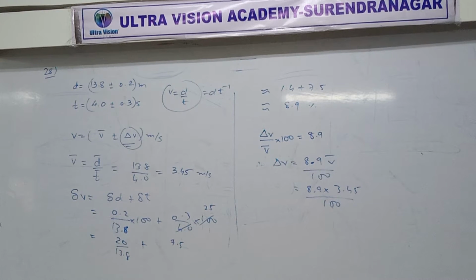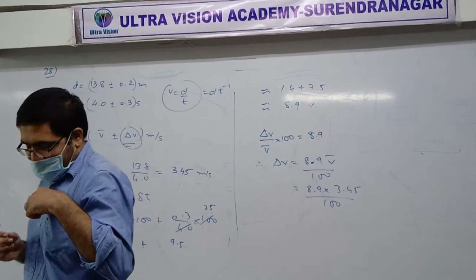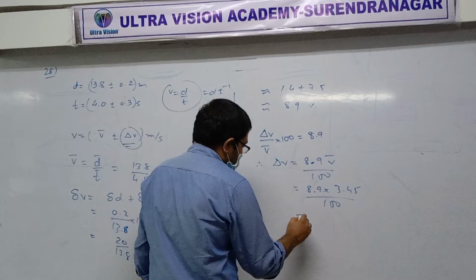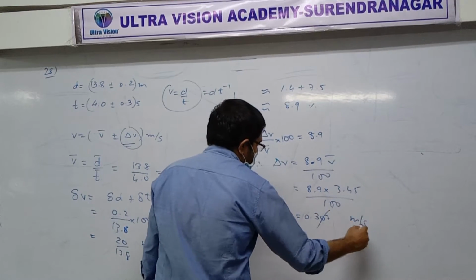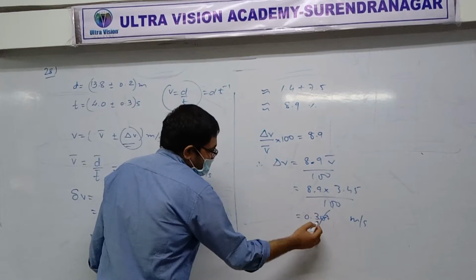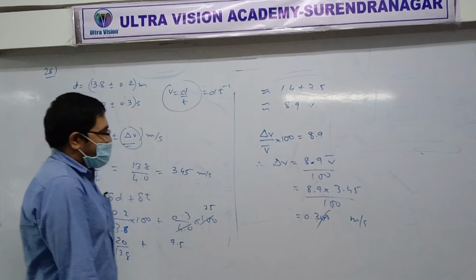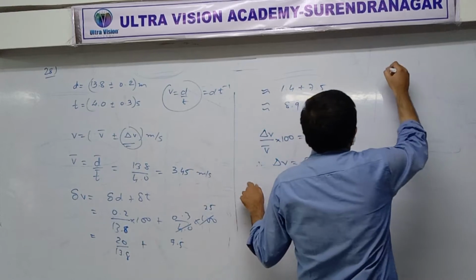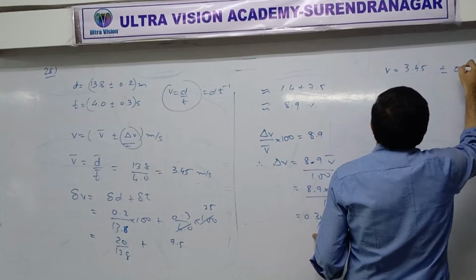So what's the answer we're getting? 0.307. Okay, all those digits are not required, because if you don't know about this place, there's no point talking about the next one. So final answer can be written as this is delta V and we have V bar, so V is equal to V bar, 3.45, and then plus or minus 0.3.